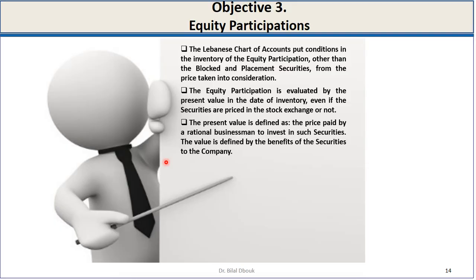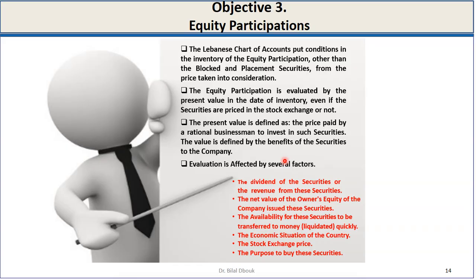When I participate in other companies' shares, different factors affect the price. The dividends of the securities, or the value from these securities. So whenever I have shares in other companies, the dividends affect my purchase price for these shares. The net value of the owner's equity of this company also affects the price.